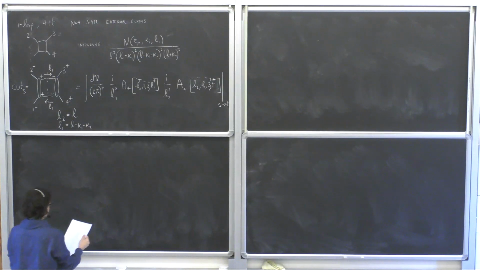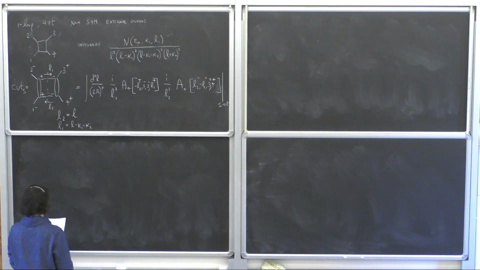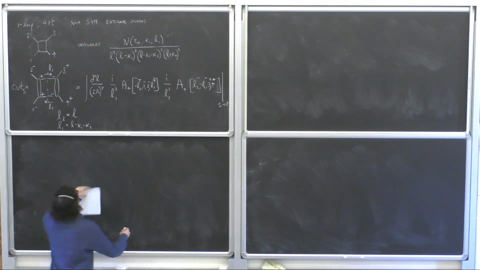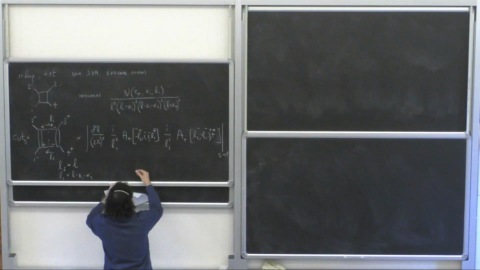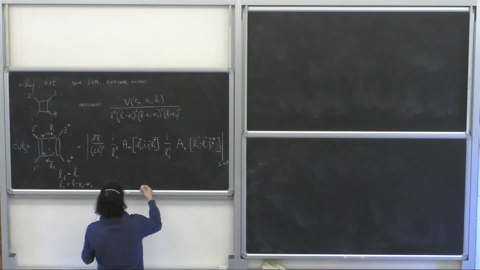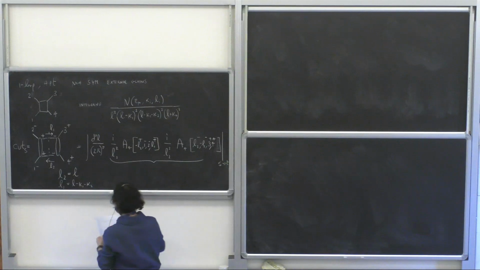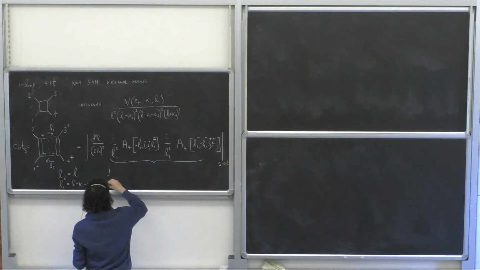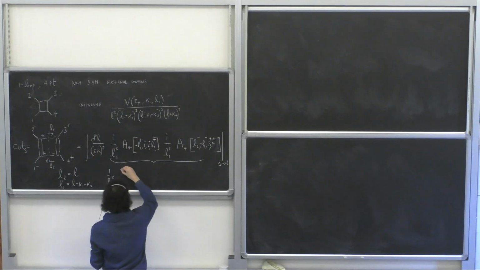Okay, so just to continue the setup, then right away we're going to rewrite the integrand here as the following combination of amplitudes which are built out of just applications of the MHV formula.